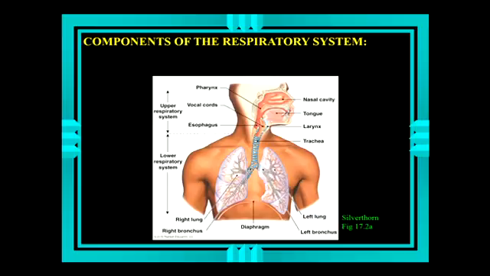Now, the general guide is that each one divides into two. Look, sometimes they divide into three, let's not get too hung up about it. But you can see the idea that there's lots and lots of divisions, they get smaller and smaller, but the benefit is that you increase the surface area dramatically as you divide them further and further. At some point, the airways become so small that they no longer can have cartilaginous rings.